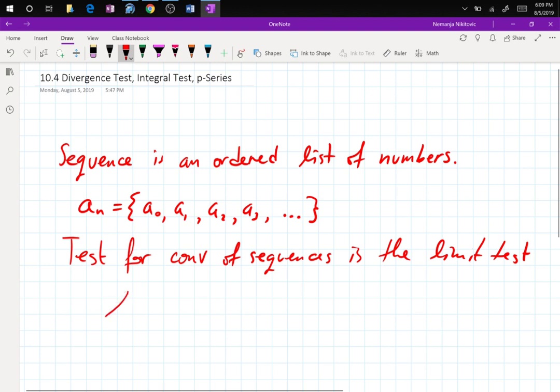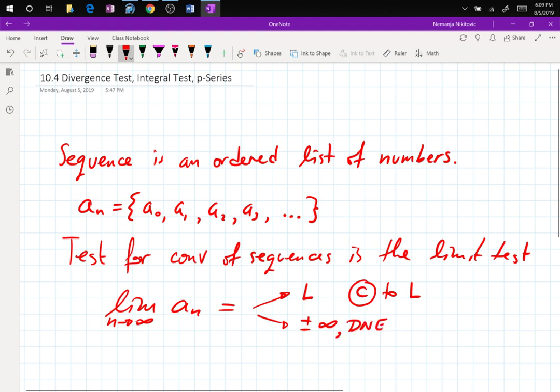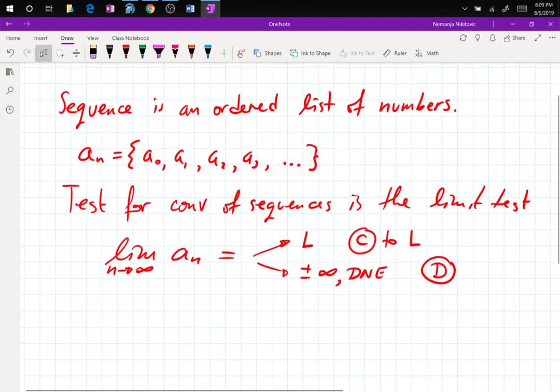So you would say the limit as n goes to infinity of a_n is equal to either some L, which is a finite number, in which case it converges to L, or it is positive or negative infinity, or does not exist, in which case it diverges. So that was 100% what we did in terms of the test for sequences, just numbers. And that was the story in our first 2 sections of the chapter.